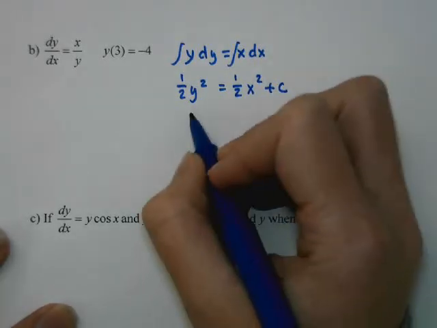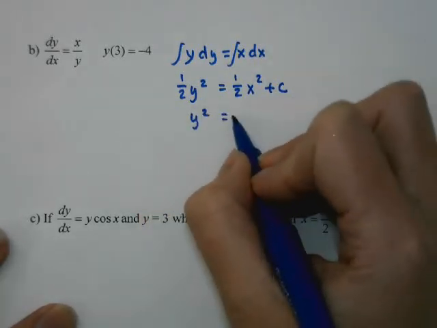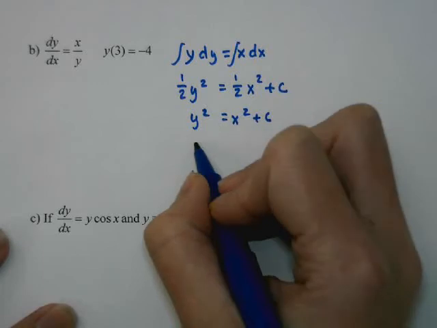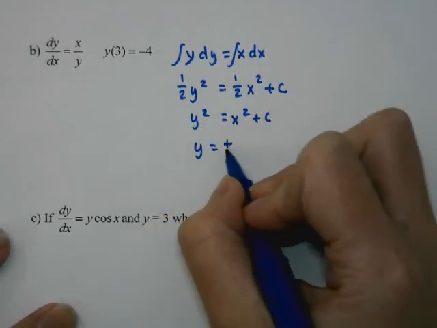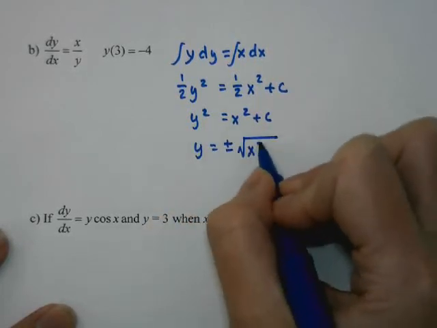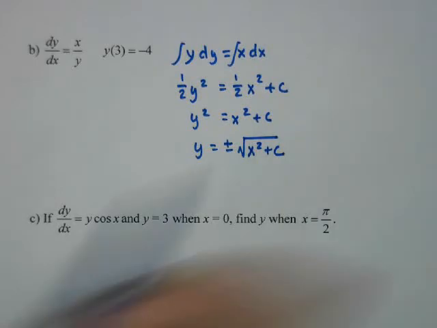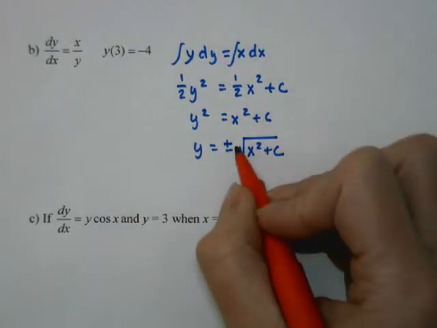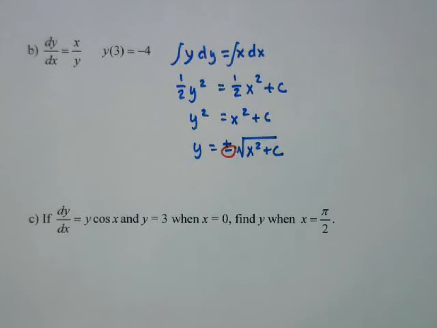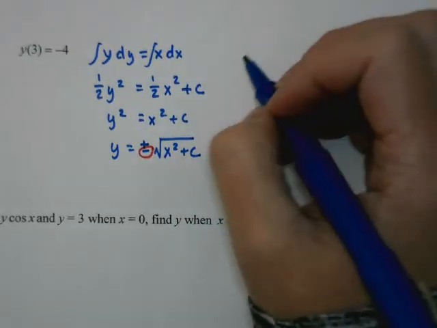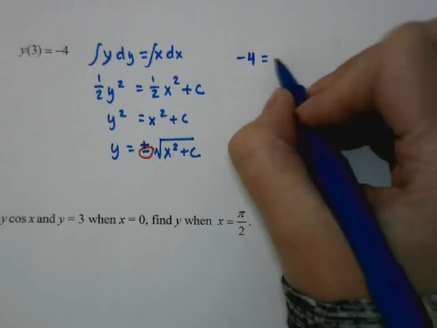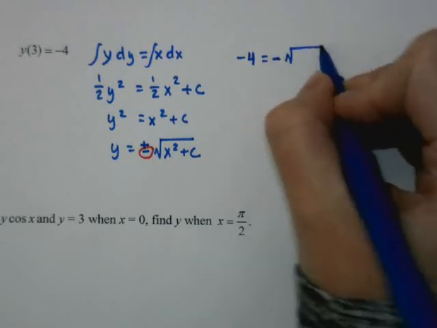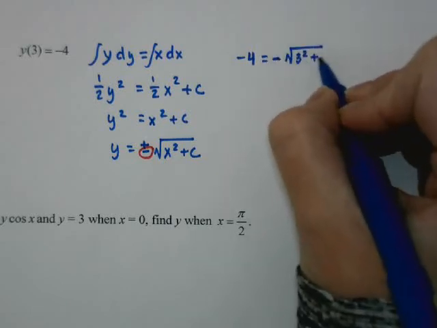And then solve. So y squared equals x squared plus c. Y is equal to, again, plus or minus the square root of x squared plus c. In this case, since my result of my initial condition is negative, this one's going to be a negative square root. So we'll go ahead and plug in our condition. So negative 4 is going to equal negative square root of 3 squared plus c.